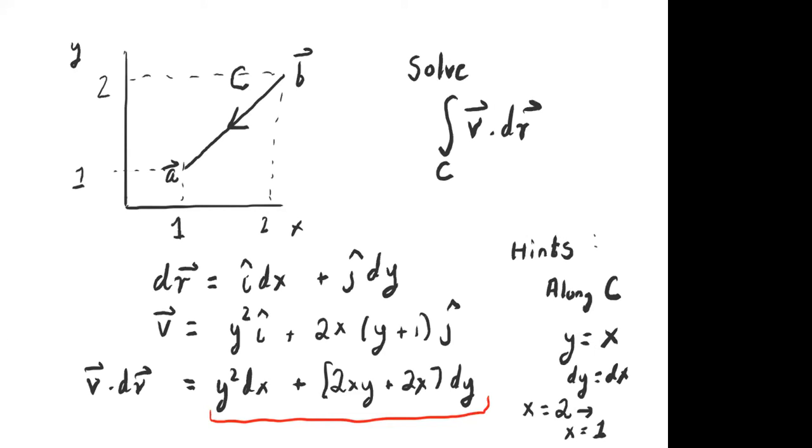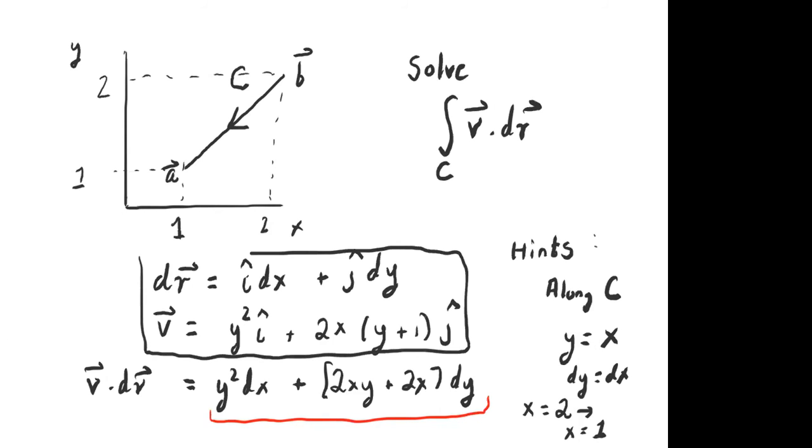That's where this change of sign comes into play. So you don't have to worry about changing anything here. You don't do anything with this differential line element. You leave it the same, even though the path here is opposite the path in the earlier example. Everything will work out if you do your limits of integration correctly. Namely, to go from B to A, you have to start with x equals 2 and end up with x equals 1, not the other way around.